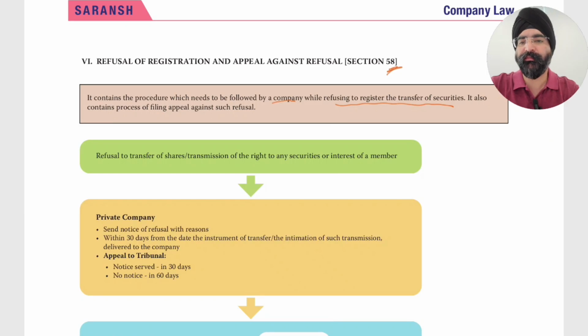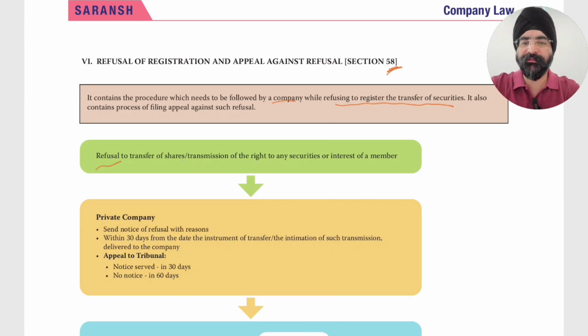It also contains the process of filing an appeal against such refusal. So there is a process which a company has to follow if it wants to refuse to register transfer of shares, and in such a case the shareholder also has an option to appeal against such refusal.